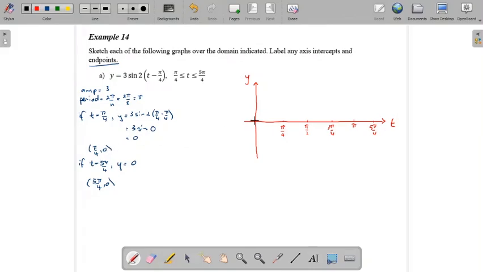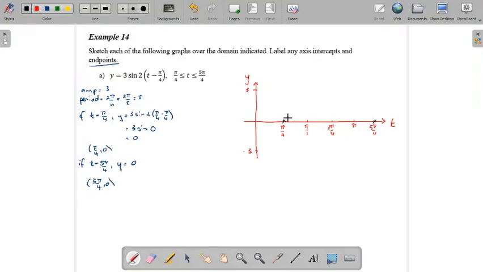Now we know our starting point, and our amplitude is 3, so in red, that's 3 to -3. And we've got our starting point at pi on 4, 0. We're getting to our end point here, 5 pi on 4, 0. And we know that our sine starts halfway, and because it's not reflected, it's going to go straight up, and down, and then up again.